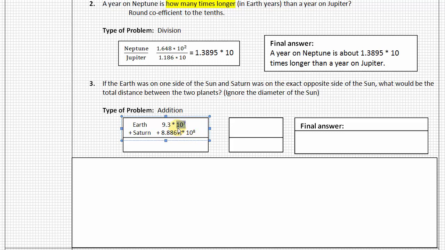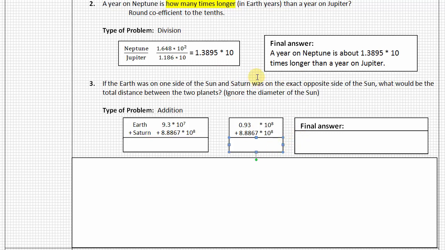We're going to adjust that and go up one place value. So we're going to move our decimal point over to the left 1 and increase our power of 10 by 1. So our problem's going to look like this once we make that adjustment. Go ahead and solve the answer, and then be ready to check your work with mine.